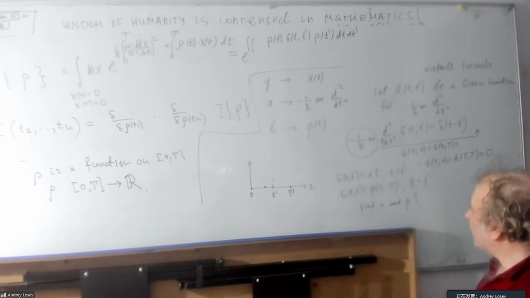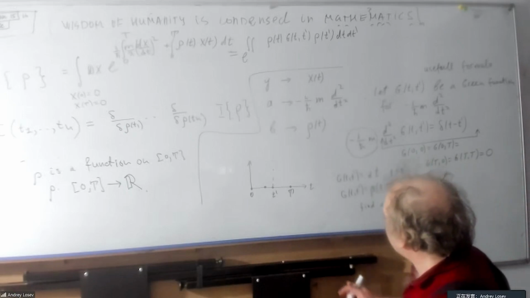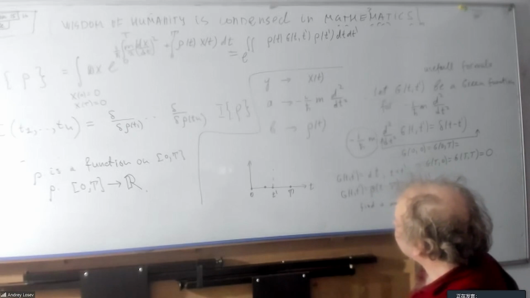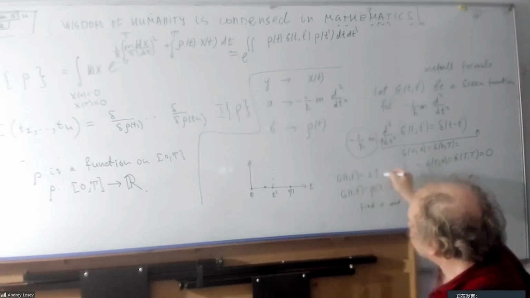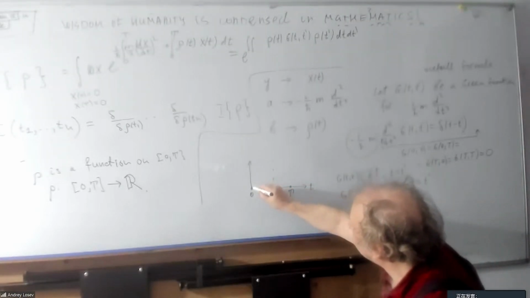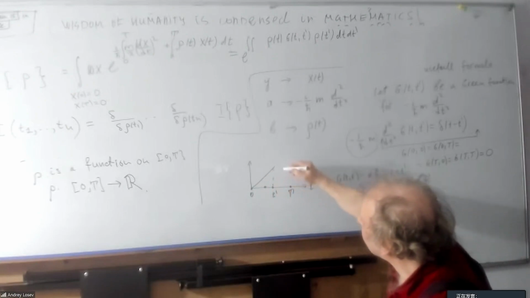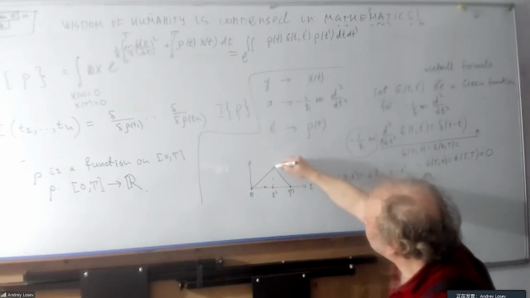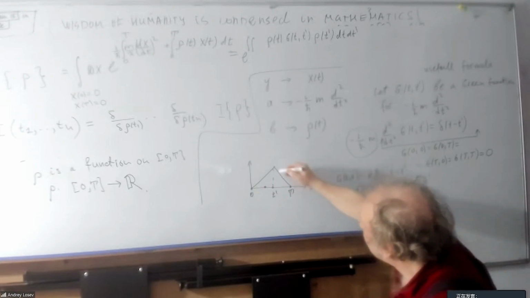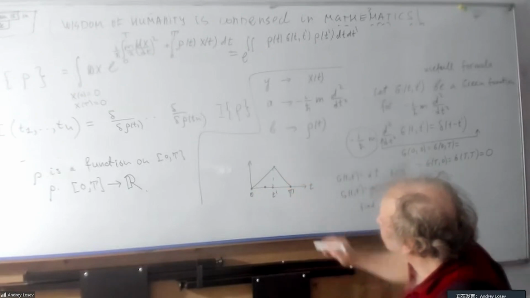So one equation comes from the fact that these two lines should be equal at t equals t prime.